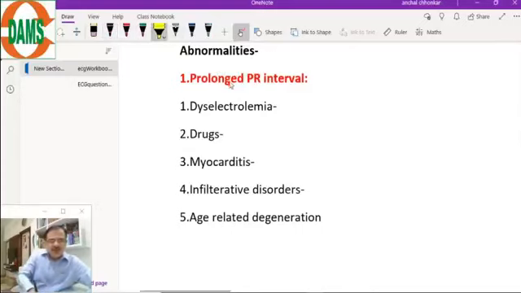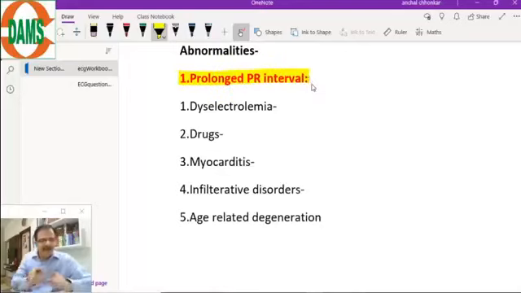The first abnormality is a prolonged PR interval. It gets increased. And how will you assess in a very quick, fast manner that it is prolonged in the ECG? Because in the exam time is very, very less. So it will be more than 0.20 seconds or more than 5 mm.